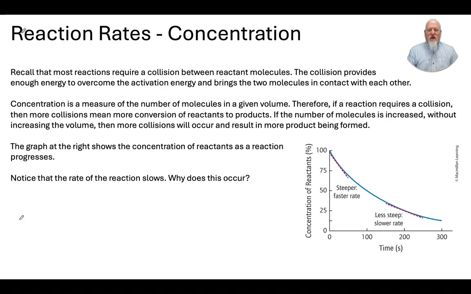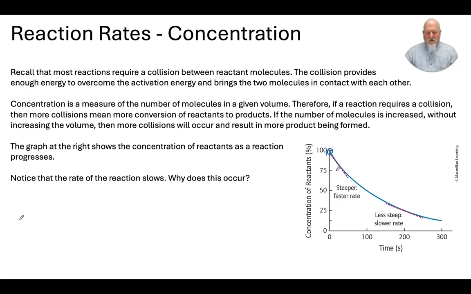So if we have more reactants in a given volume, we have more collisions, and therefore more reactions occurring, more products being formed. All right. So if we look at our graph here, that means higher concentrations means faster reactions.